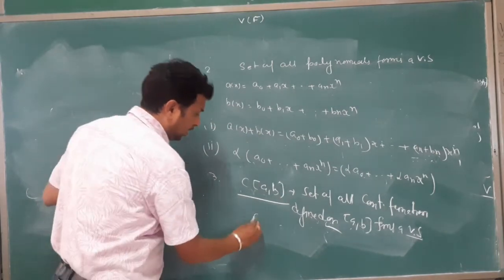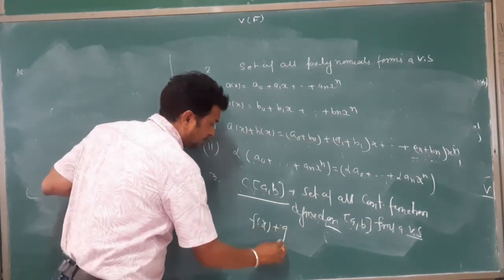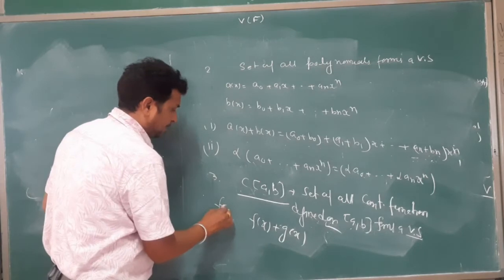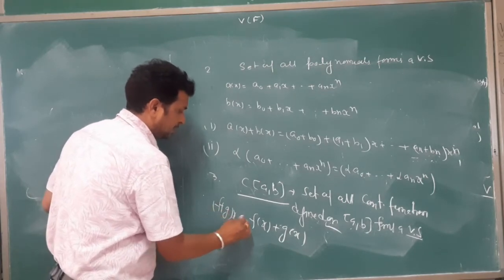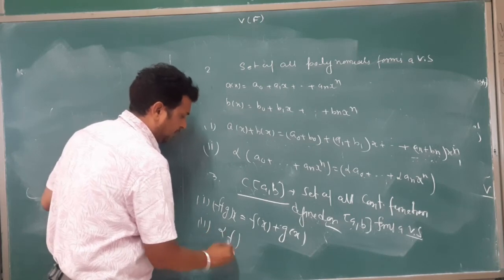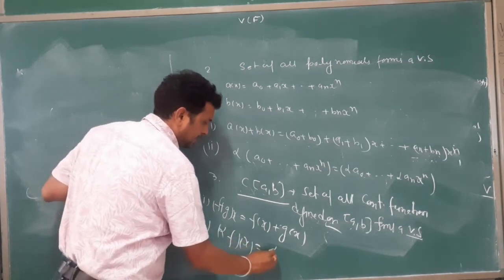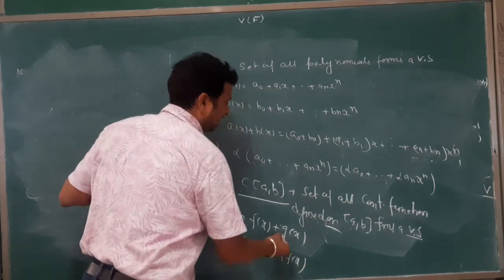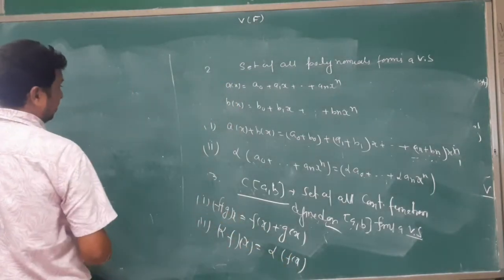Both: (f plus g)(x) is f(x) plus g(x), and second, (alpha f)(x) is alpha of f(x). With these two operations it forms a vector space.